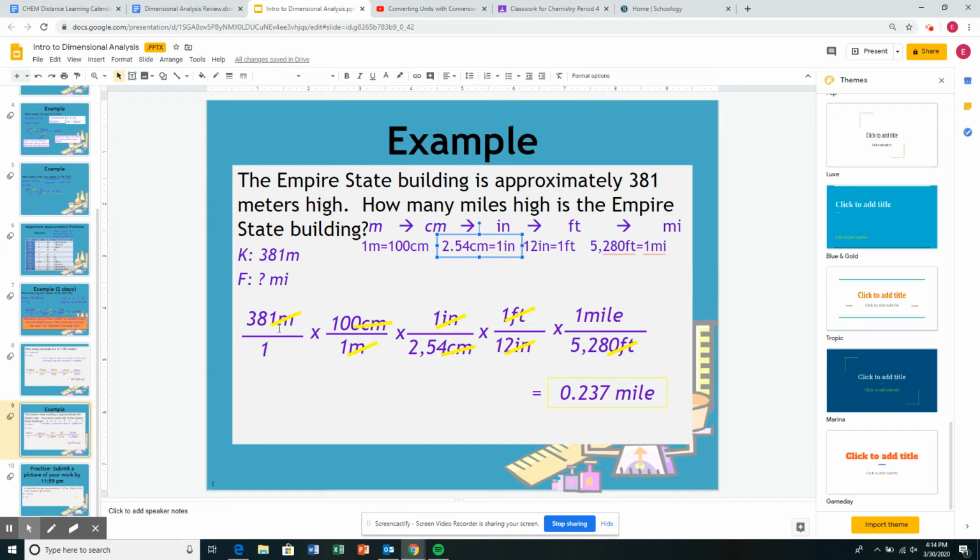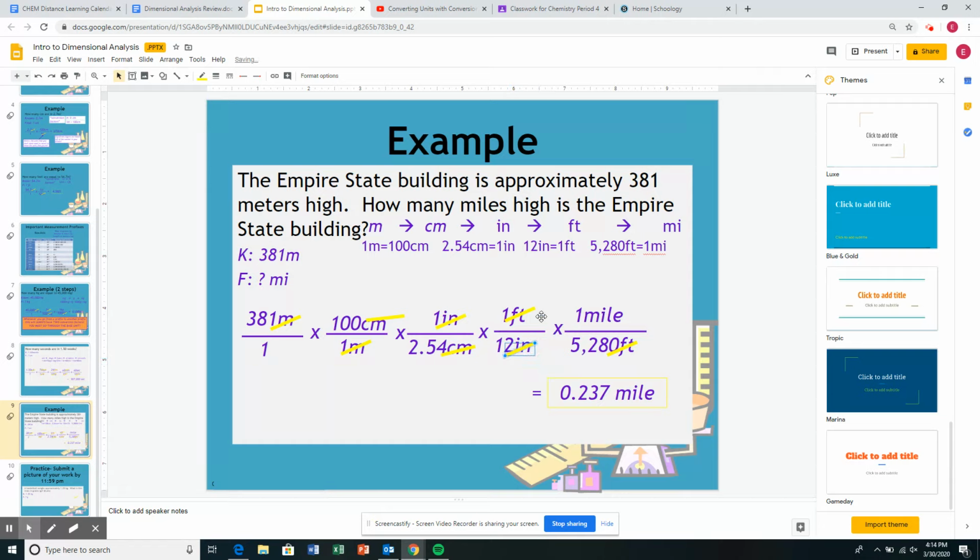We are setting up our equation. 381 meters, we're multiplying that by our conversion factor of 100 centimeters per meter. We want to get rid of centimeters, so there are 2.54 centimeters for every 1 inch. And then we need to get rid of our inches. We know that a foot has 12 inches in it.